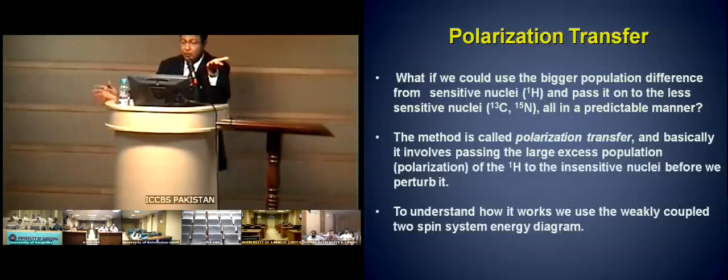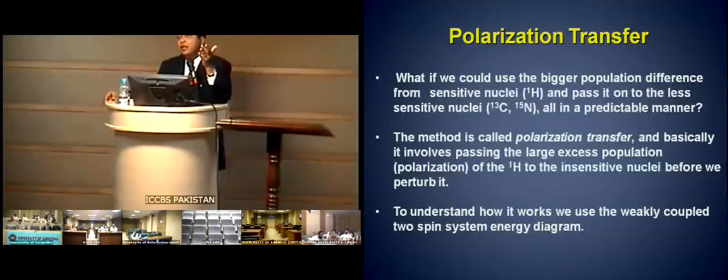And what technique is involved? Basically passing the large excess population of proton to the insensitive nuclei like carbon or nitrogen to which it is attached. Remember, it can only happen when they are coupled to each other, because you are doing it through energy levels.